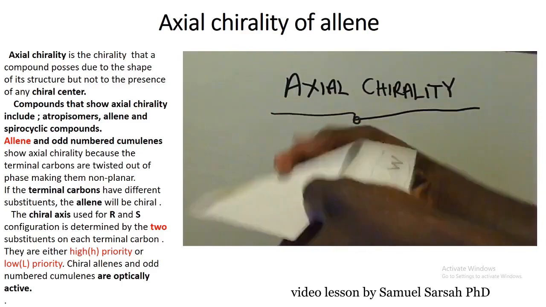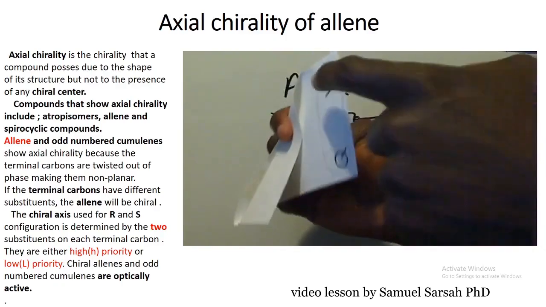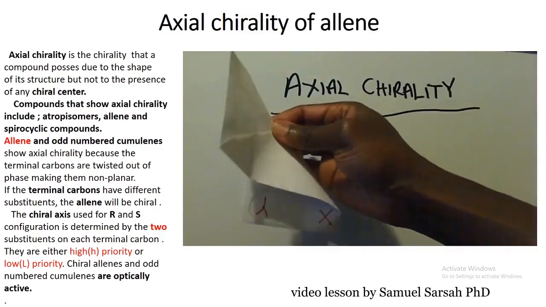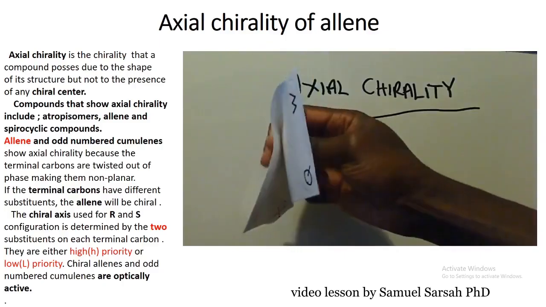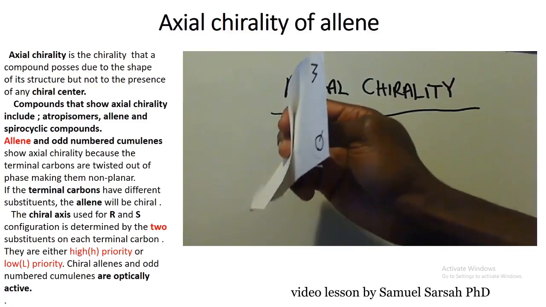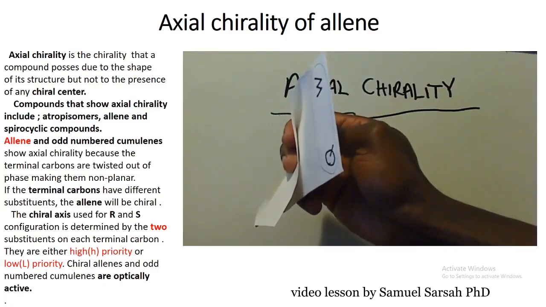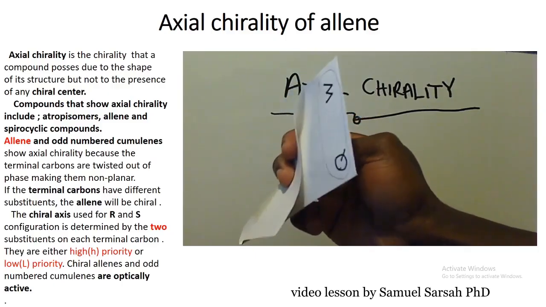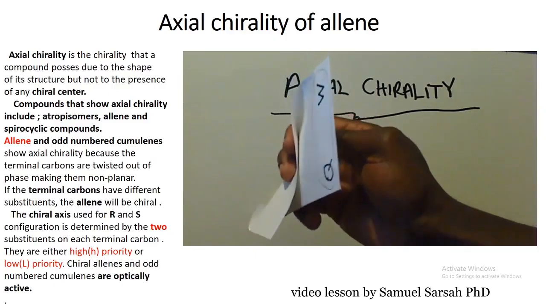And again, in the same situation, if Q and W are vertical, X and Y are horizontal. So this is just the simplest example. The best way to illustrate this is by using models or model kits. The simplest one I'm going to use is an allene versus an alkene.